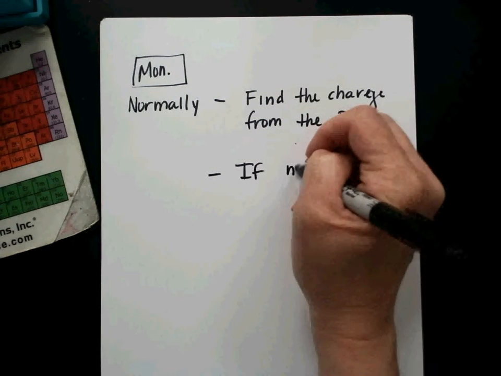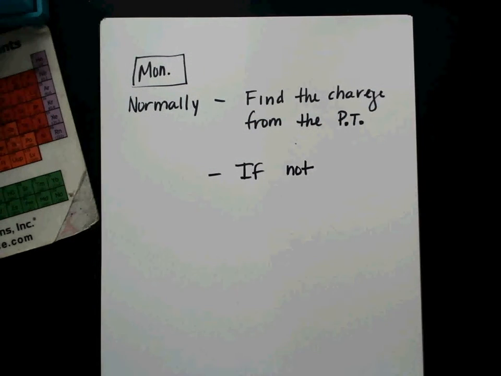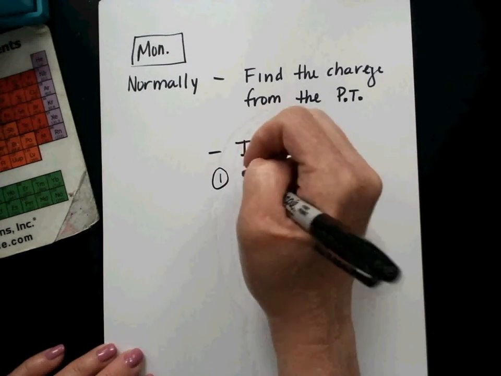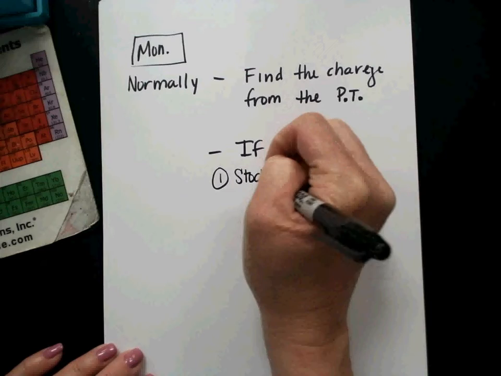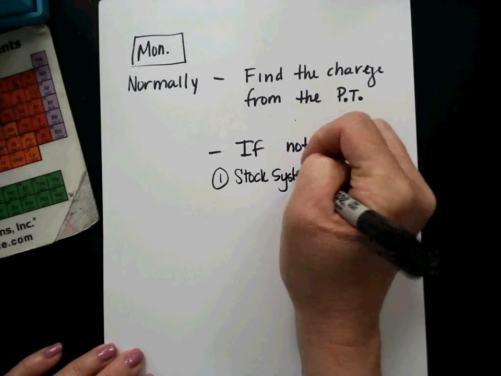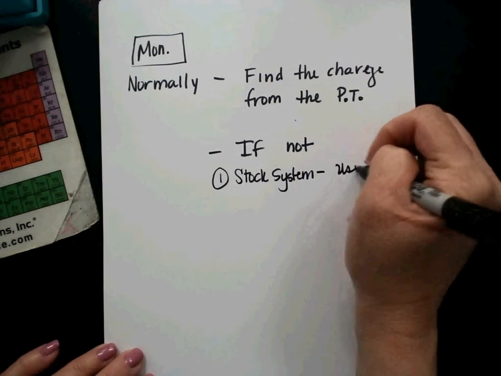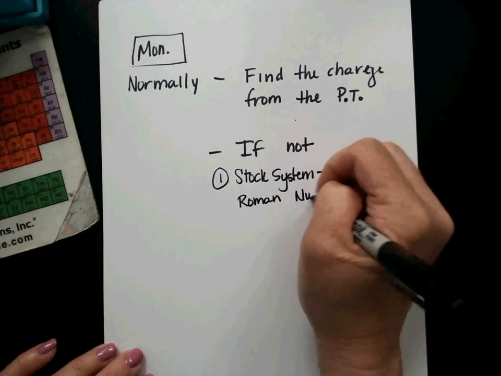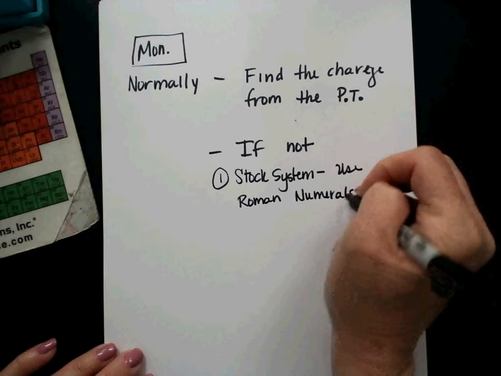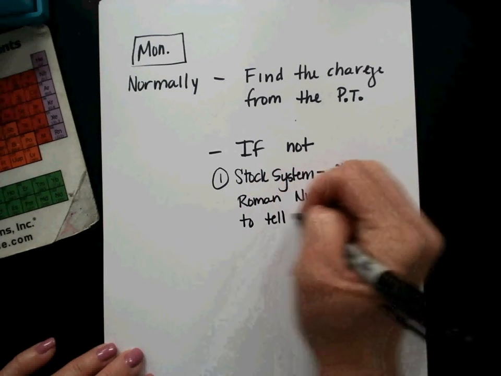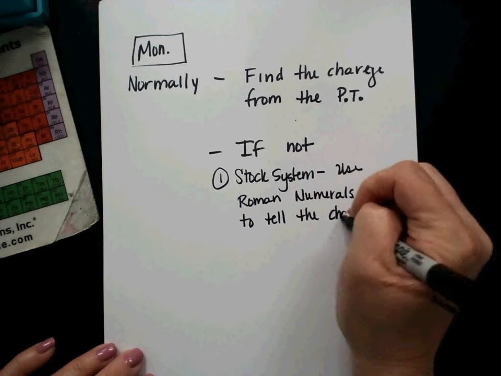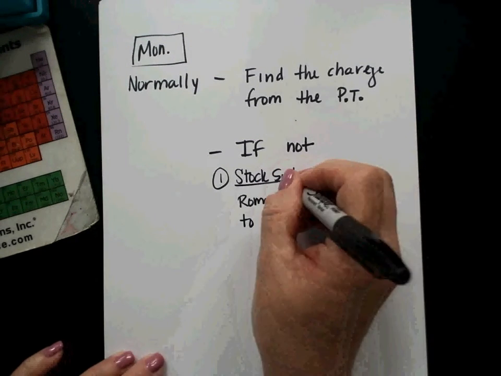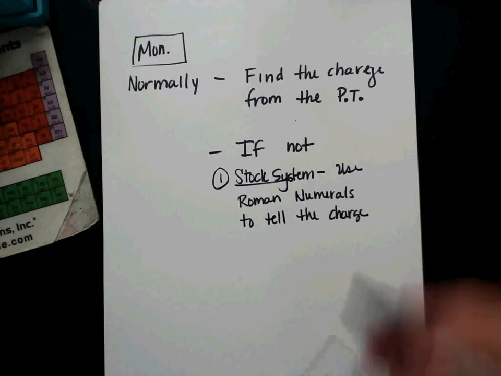If not, there are two ways we can figure it out. The first way is called the stock system. And we use Roman numerals to tell the charge to us. So the stock system is a system of naming that uses Roman numerals.